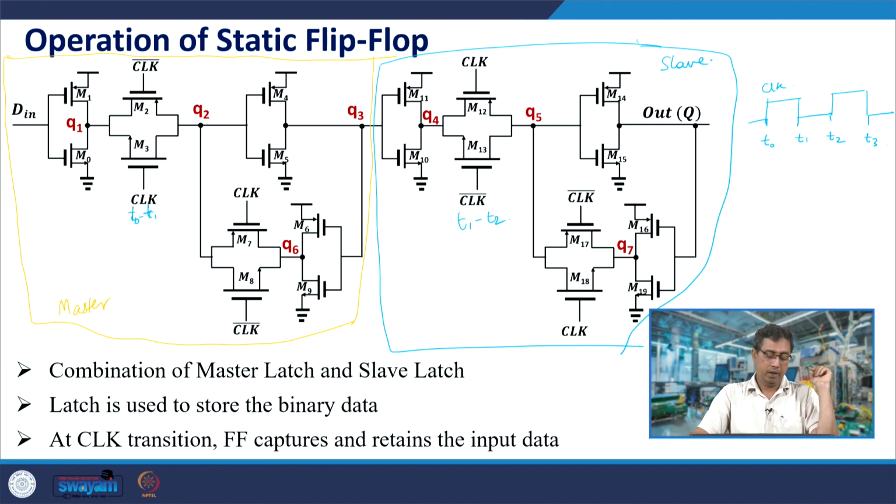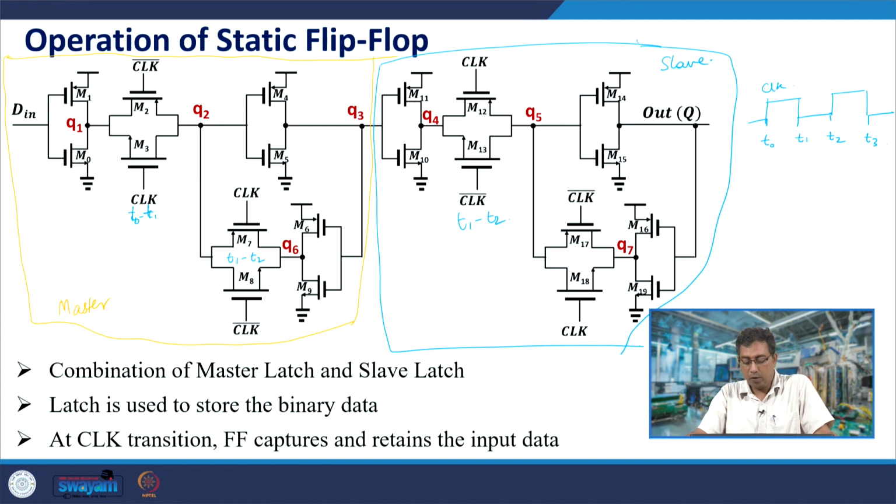There is also a feedback path, M7, M8, which is transparent between T1 and T2. Therefore, Q3 would restore Q2 if there is some change in Q2 because of noise or whatever the reason. Likewise is the operation of the slave stage.